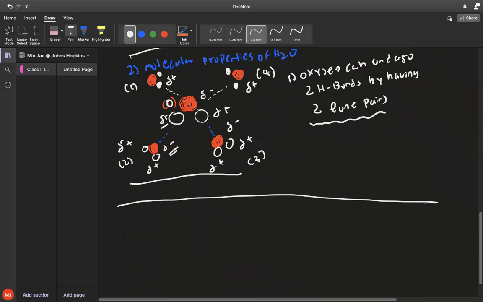Okay. So now I want to talk about some of the macro properties of water. I just want to differentiate between the properties of water when it is in solid phase versus when it is in liquid phase. So ice versus water, which is essentially liquid.